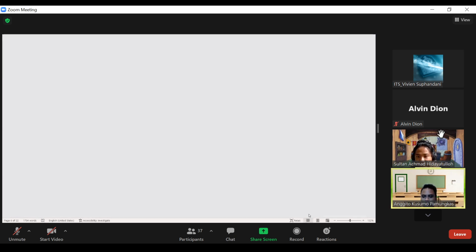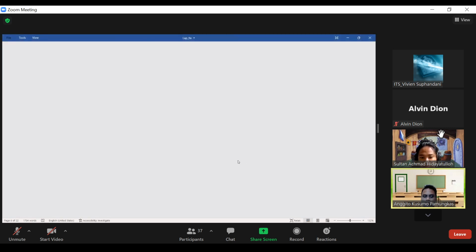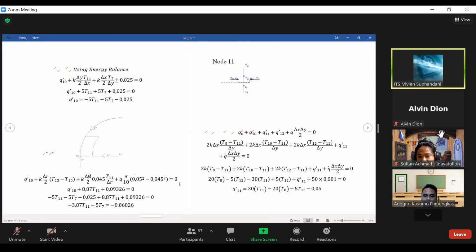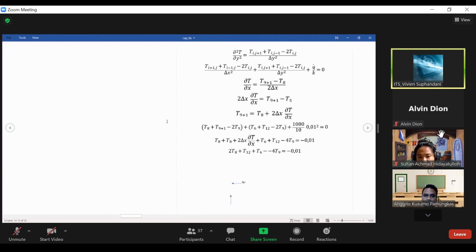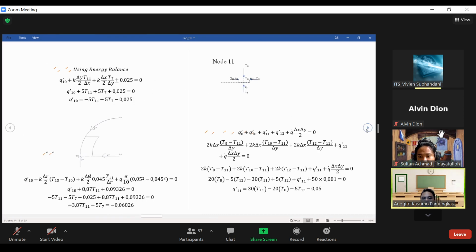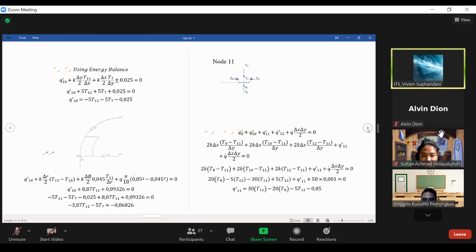Node 11. So this is node 10, yes, this is node 11.